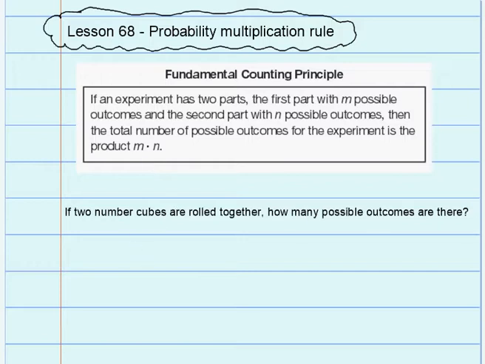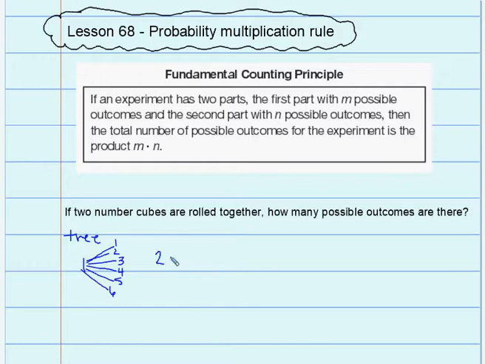So to illustrate that, if two number cubes are rolled together, how many possible outcomes are there? Well, you can use a tree diagram and say, I could get a 1 on the first one, and then I could get a 1, a 2, a 3, a 4, a 5, or a 6.